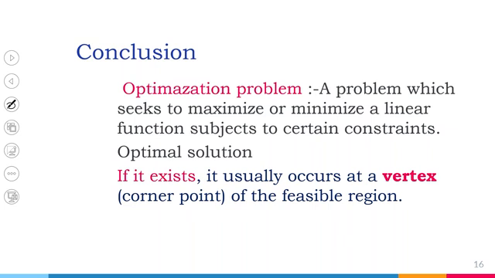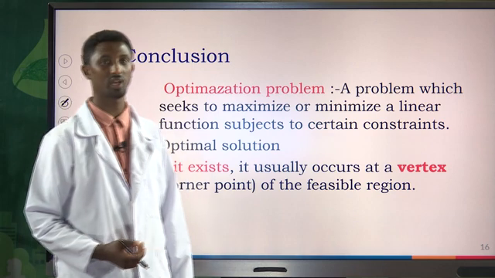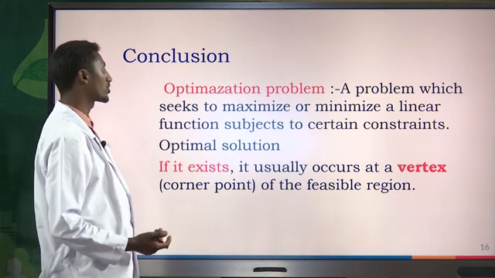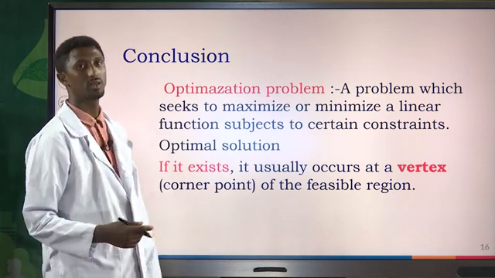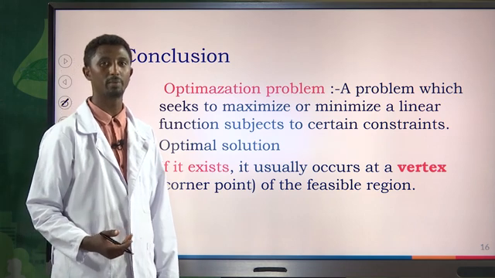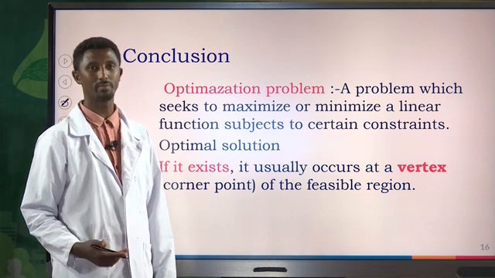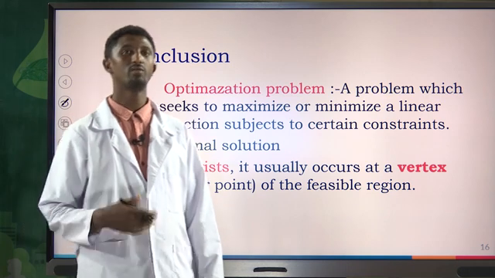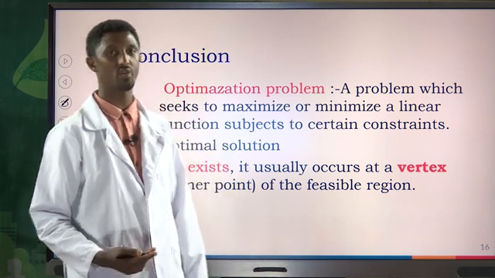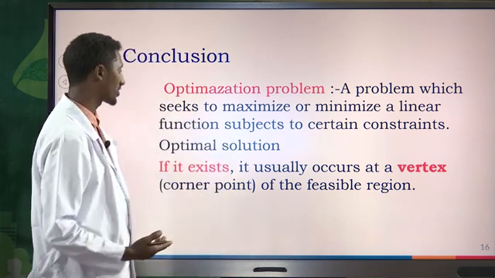So in general, from the lesson we have seen optimization problems, problems which seek to maximize or minimize a linear function subject to certain constraints. And we have seen how to determine the optimal solution, either a maximum or minimum value of a given objective function, if it exists.